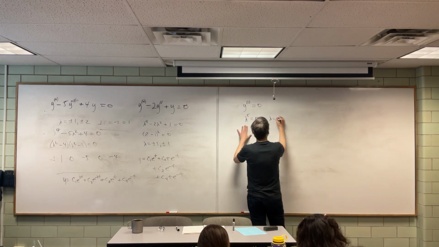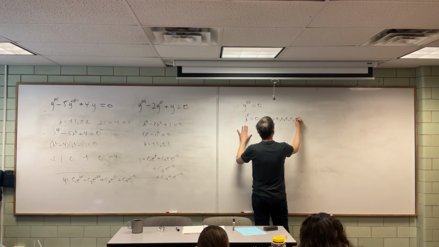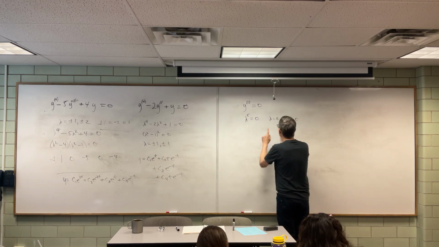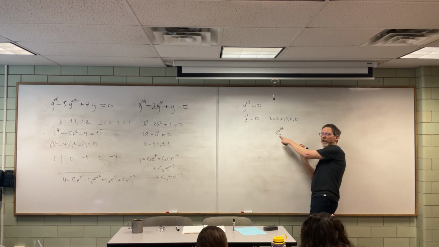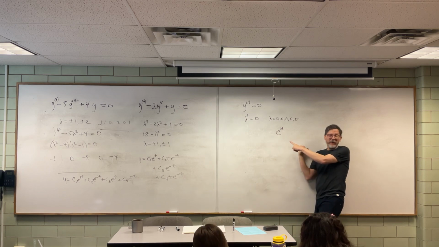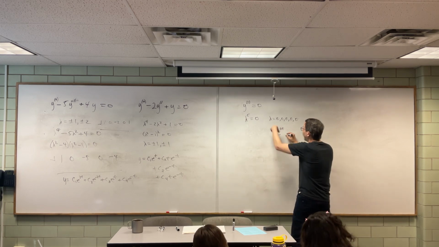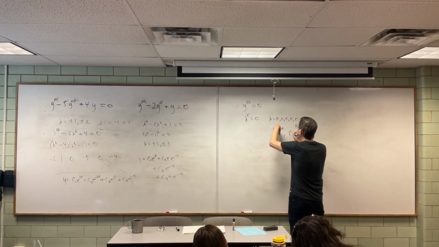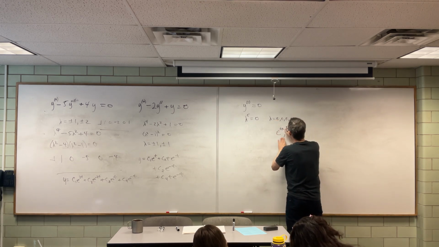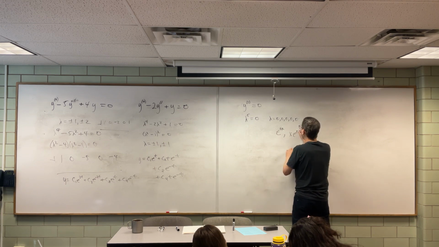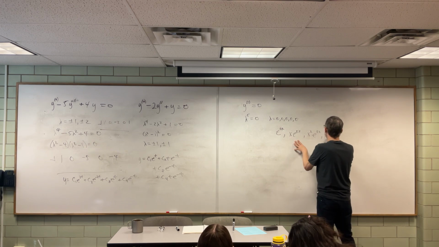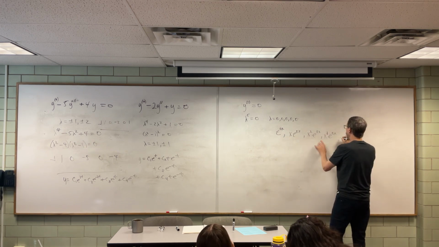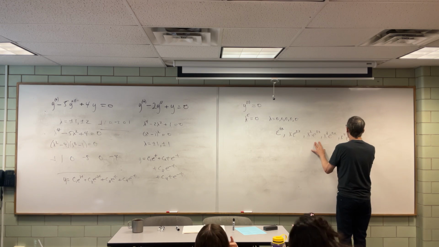When you have 0, realize you've got this as your base e. That's just a 1, right? So my solutions are e to the 0x, x e to the 0x, x squared e to the 0x, x cubed e to the 0x, and then one more, x to the fourth e to the 0x.